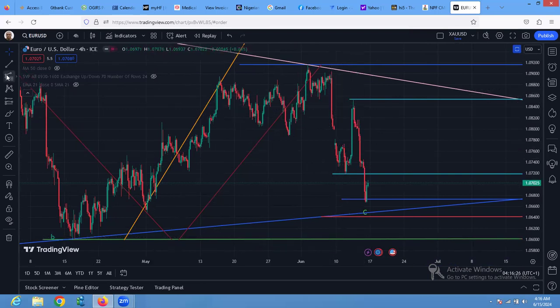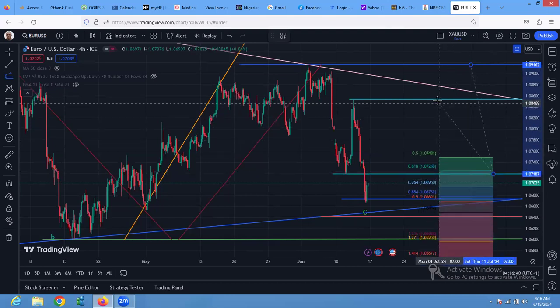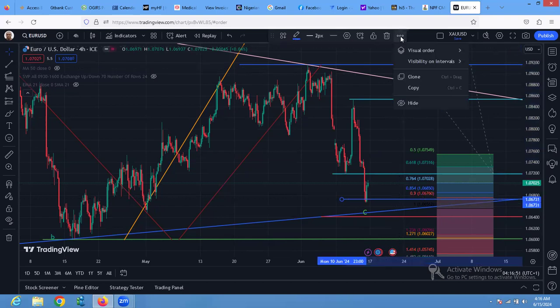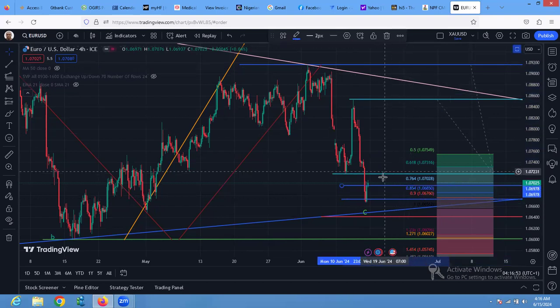So what do we expect in terms of a retracement of a zigzag as a 100 from this area to the end of A wave to a B wave? So we expect the 100 to be here.